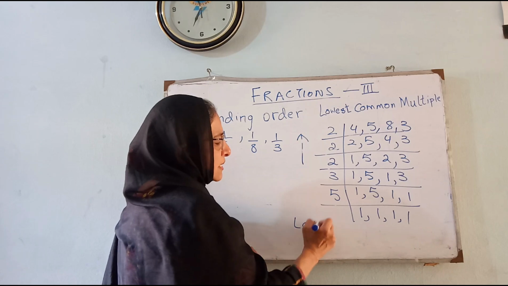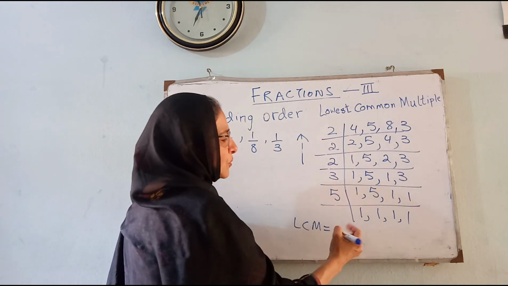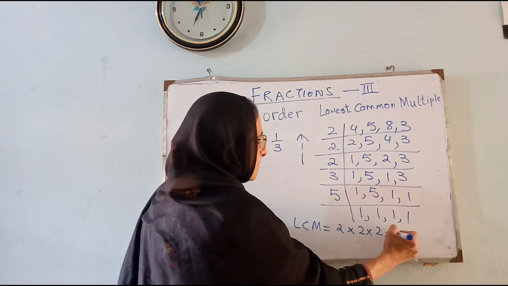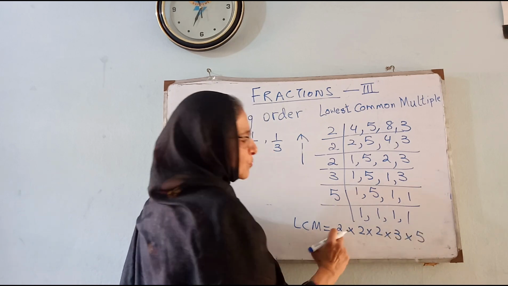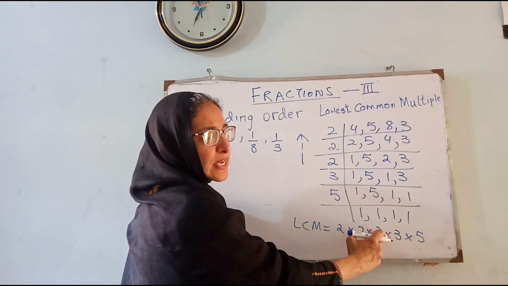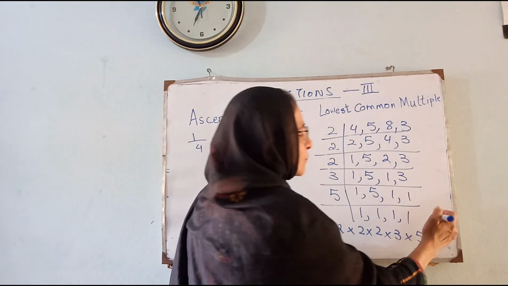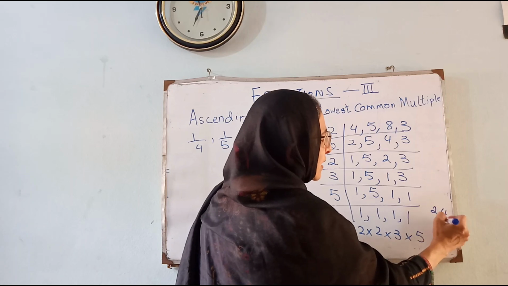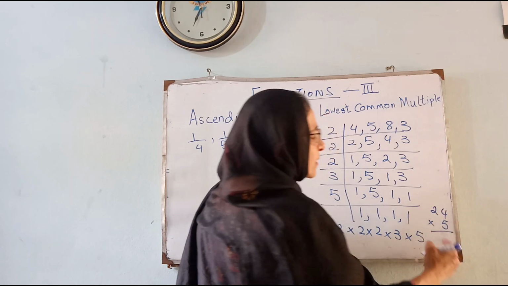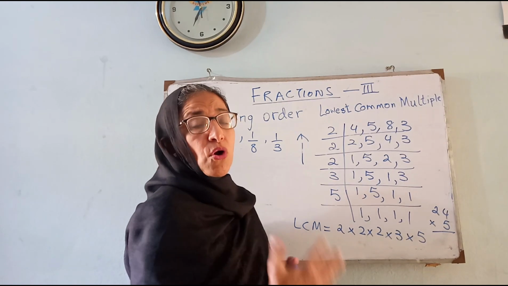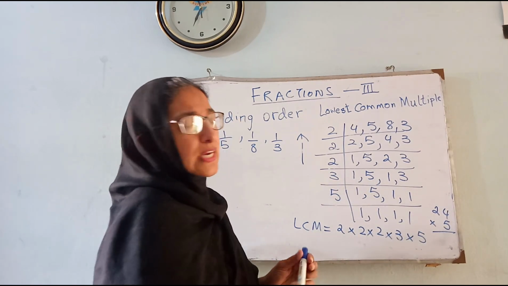Now my LCM will be, I am going to multiply all these numbers. 2 twos are 4, 4 twos are 8, 8 threes are 24, and 24 is multiplied by 5. I hope everyone knows that multiplication, addition, subtraction always start from our right hand side.